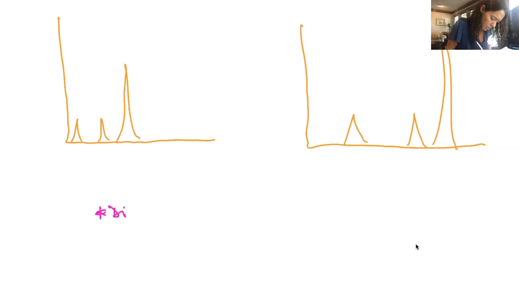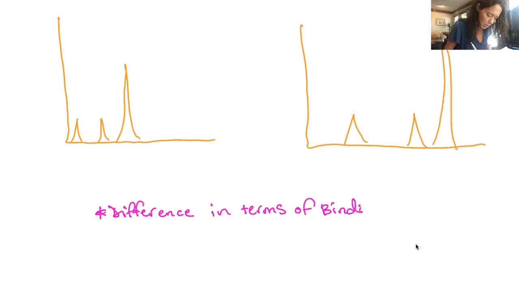Right, the difference is in terms of binding energy. So what do you notice is a difference in terms of binding energy? Well, what I notice is that this spectrum has a much higher binding energy to begin with.